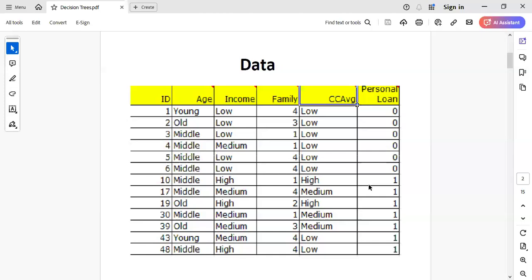If they don't add the ID column and are left with only age, income, family, and CC average, then one of these attributes comes out on top, meaning that column has the highest information gain. But when the ID column is kept among the independent attributes, invariably the ID column gets the highest information gain value.